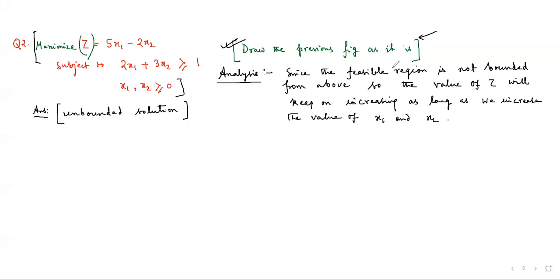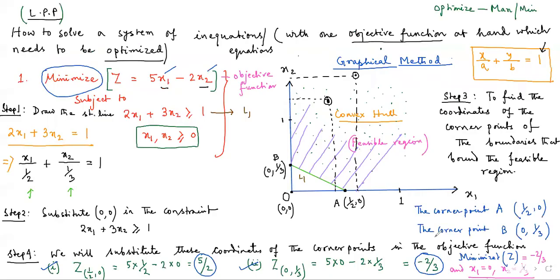Since the same thing is coming, I didn't repeat drawing it once again. So I wrote only the solution of the given problem. Understood? Have you understood the two problems? Any doubt? No, sir. Okay.